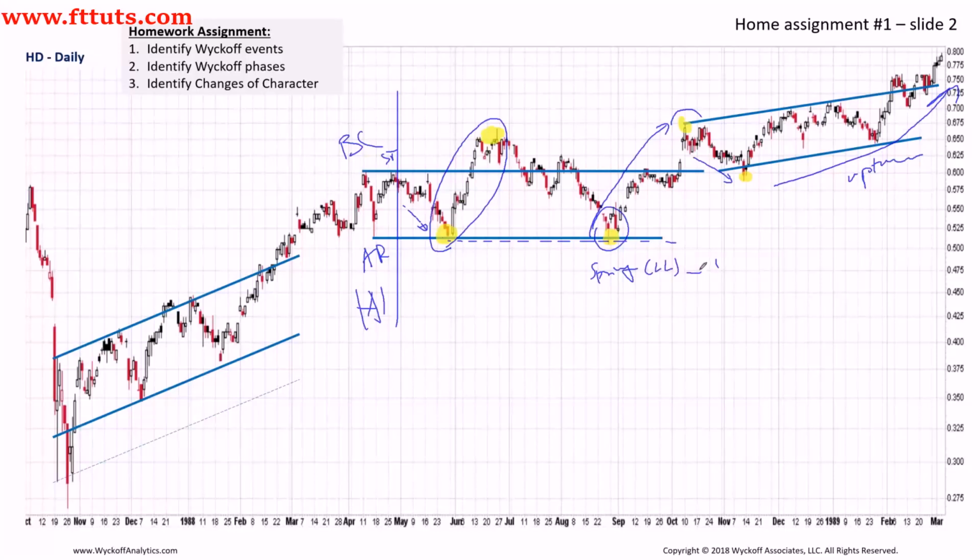A spring is going to be a temporary either attempt or commitment below the support. That's how we would look at the spring, and that's the definition of the spring.